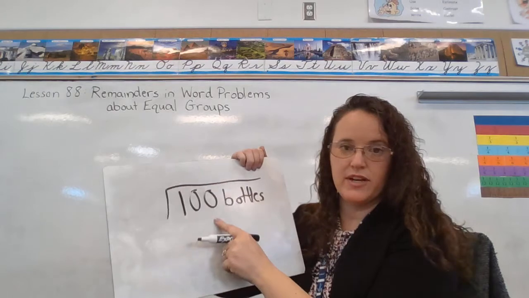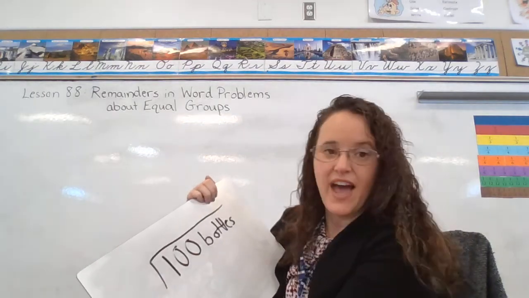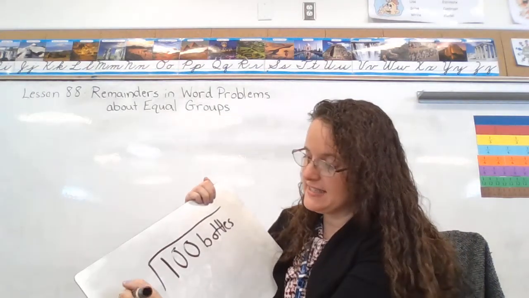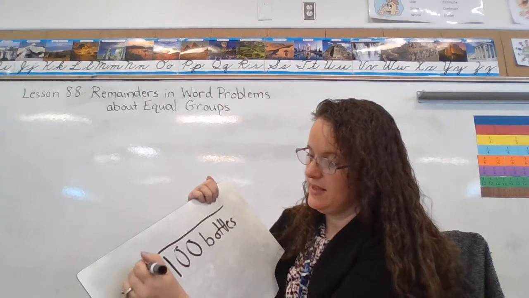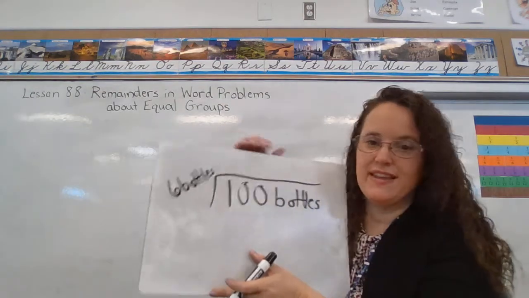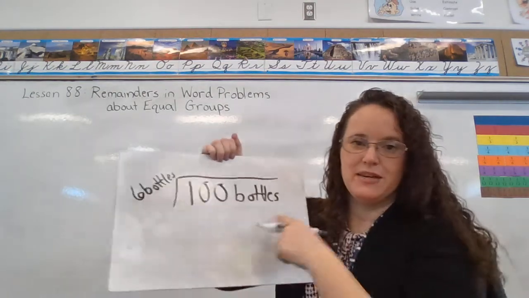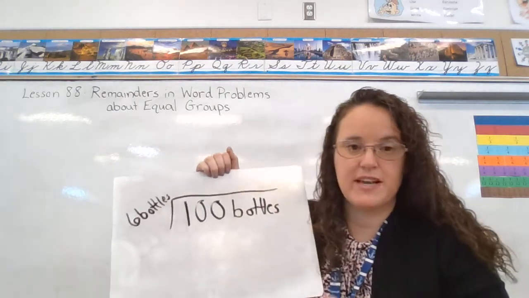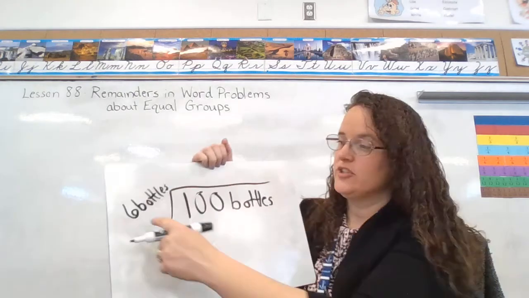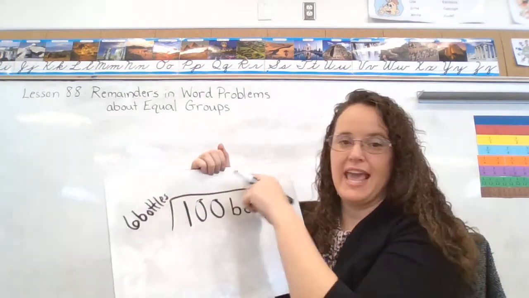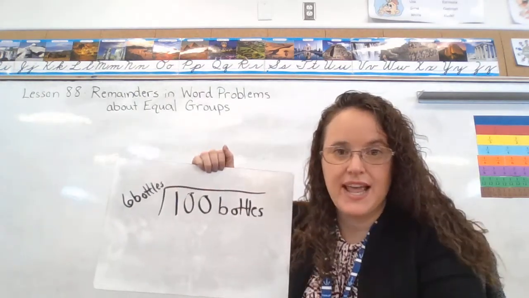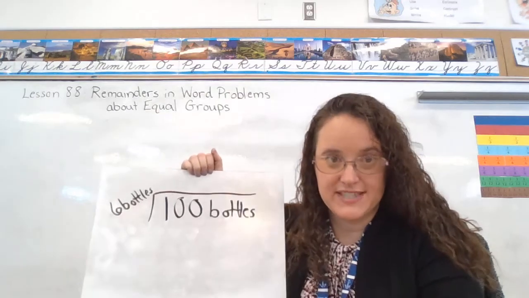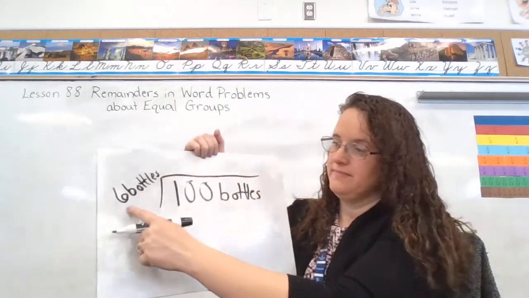So we're going to take that 100 bottles and divide it into groups of 6 bottles. Instead of just writing the numbers, I'm labeling what each of these things mean. We've got 100 bottles, we're dividing them into groups of 6. So my answer is going to represent how many groups of 6 I have.